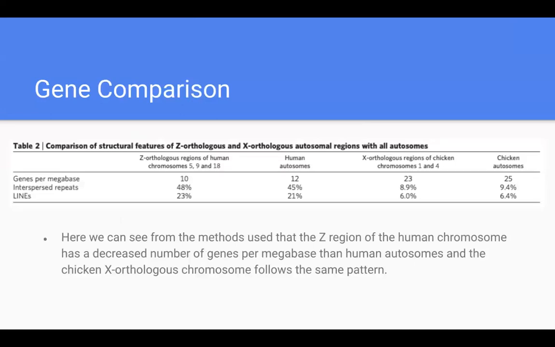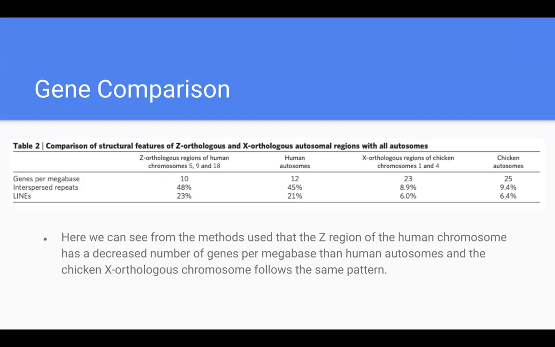The following table from the paper, as you can see here, is what really shows the comparison of the structural features of the Z orthologous and X orthologous regions compared to the autosomes for both species. As you can see, in the Z orthologous regions of human chromosomes and human autosomes, the genes per megabase is lower in the Z regions.